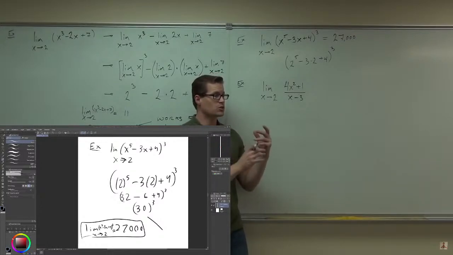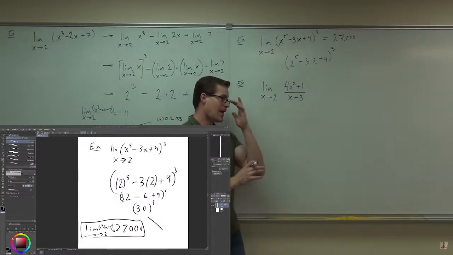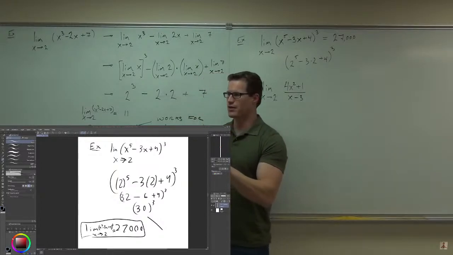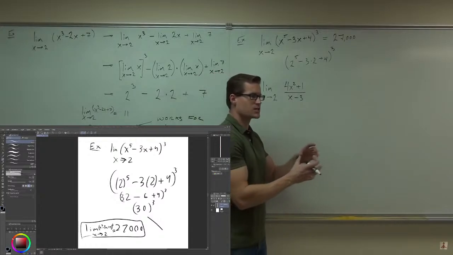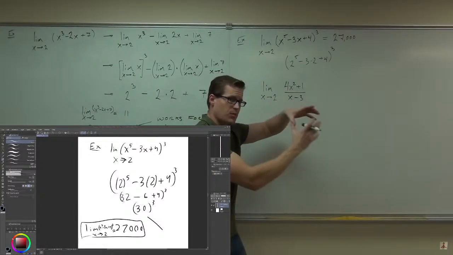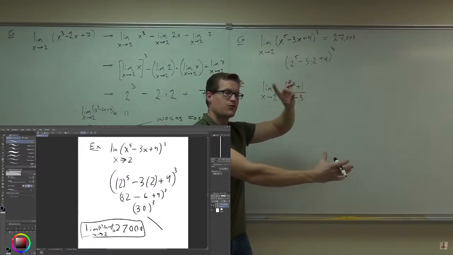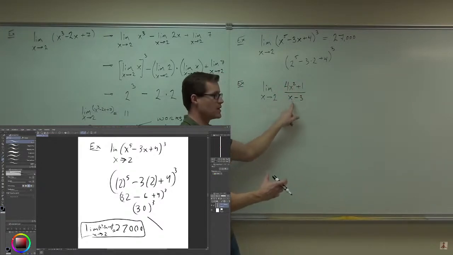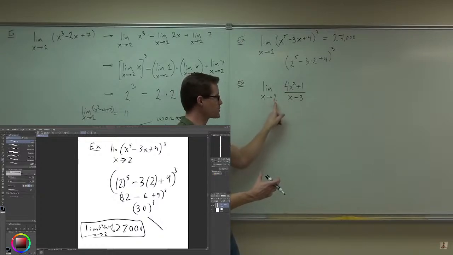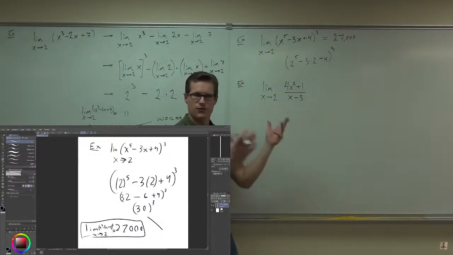But could you still do the same basic thing? And the answer is yeah, you can, because of, I think it's rule number 4, or property number 3 or 4, one of those things, which says that you can actually separate your division, can't you? Provided that your denominator is not what? Will that make the denominator 0? Will this point make that 0? Then you're fine.